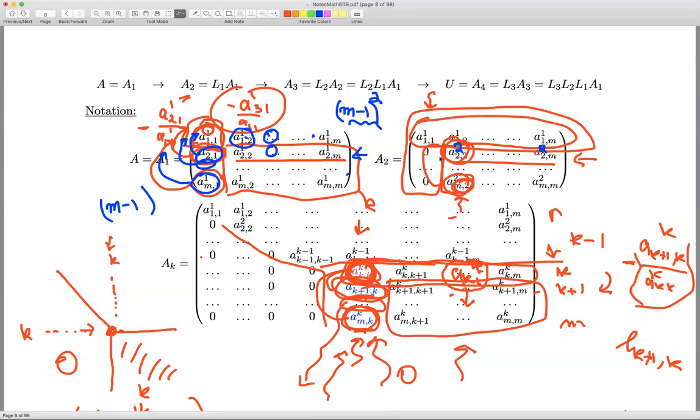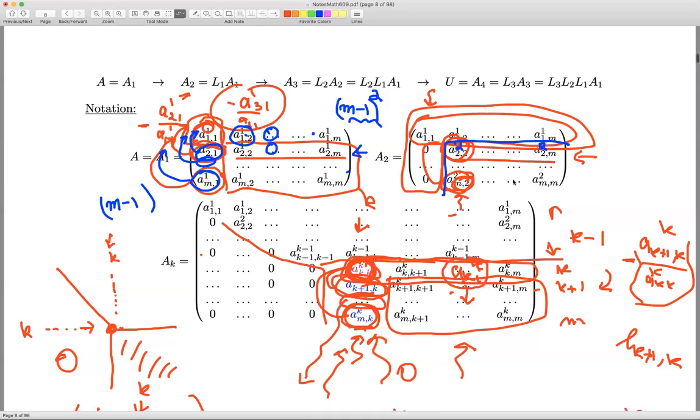Now, when we move to the second step, this basically repeats everything. So applied to this matrix, because we do not modify the first row and we do not modify the first column. And if we repeat that for this matrix, these are the same number of computations, with the only difference that the dimension of the matrix now is not going to be m, but will be m minus 1.